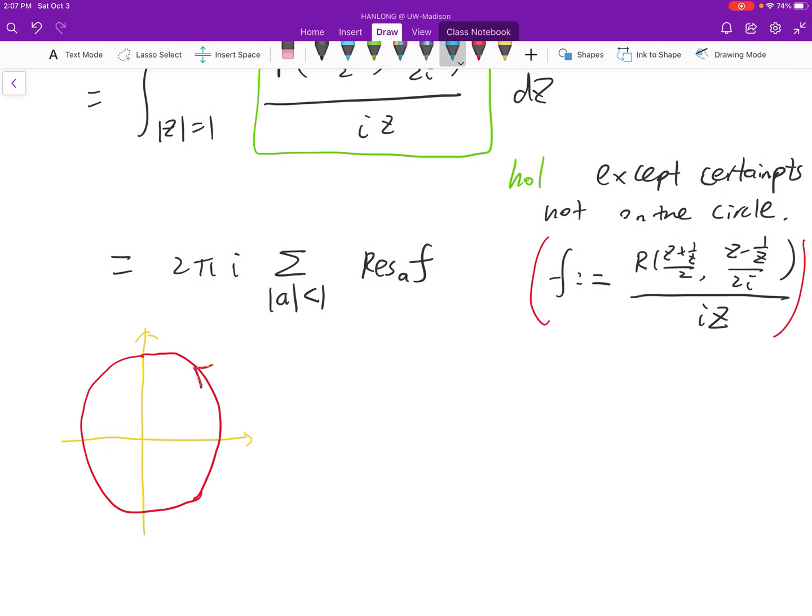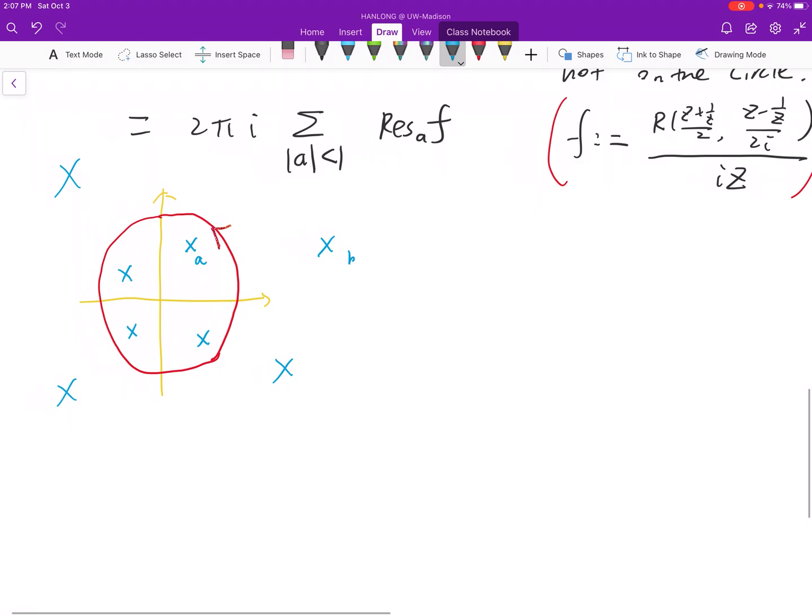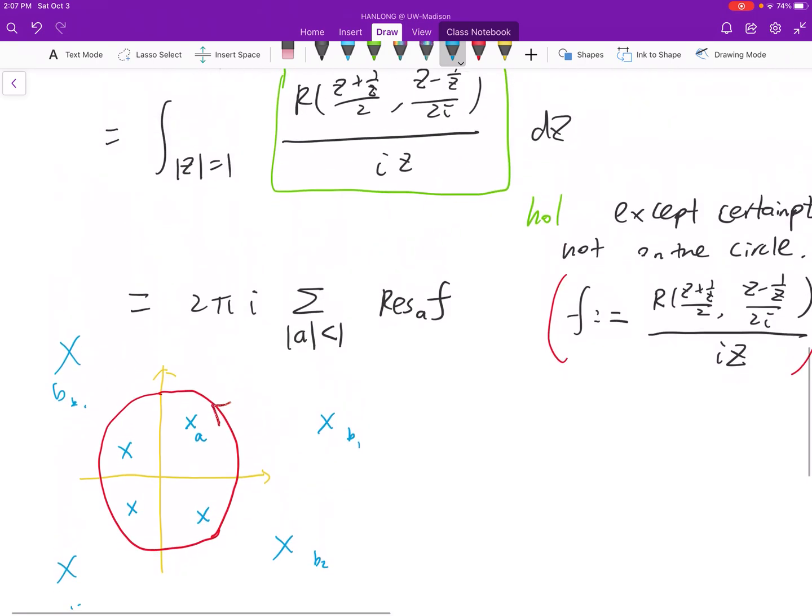By the theorem you need to calculate the residues at the poles inside the circle, call those A. You might have poles outside the circle, B1, B2, up to BK. So that's a general formula.